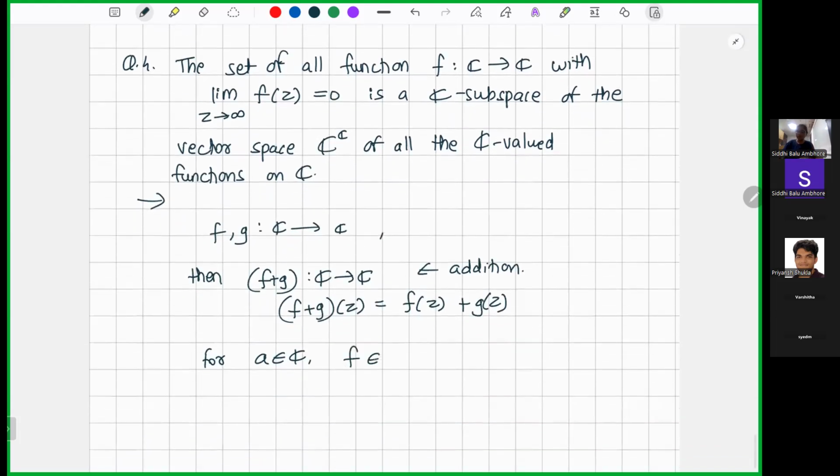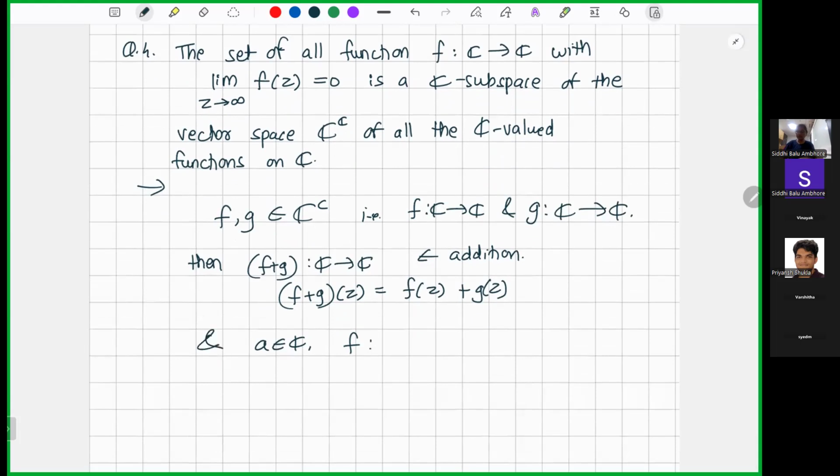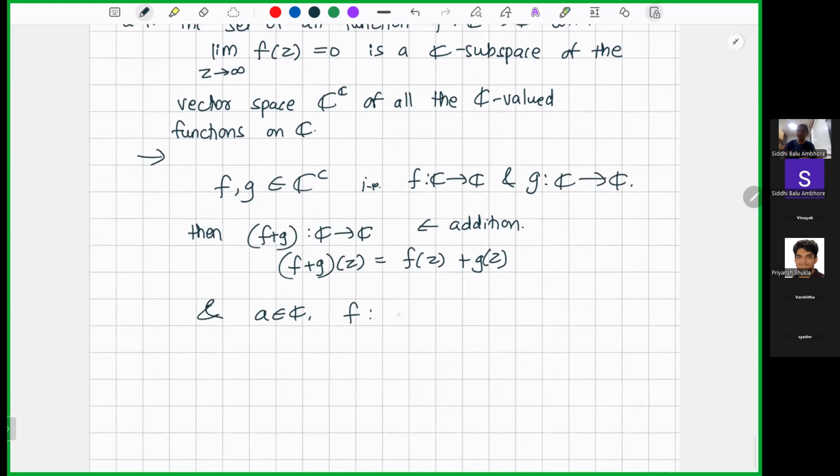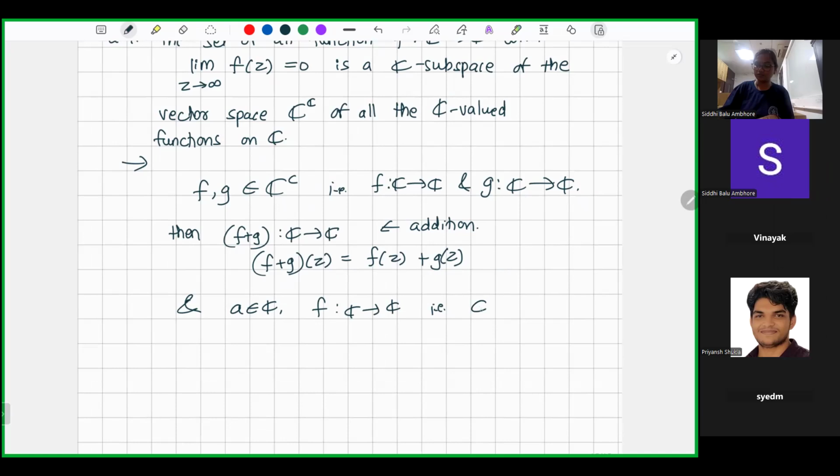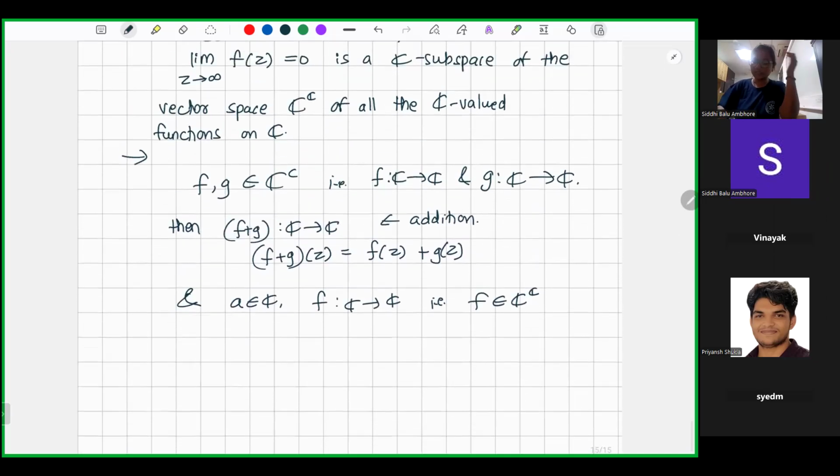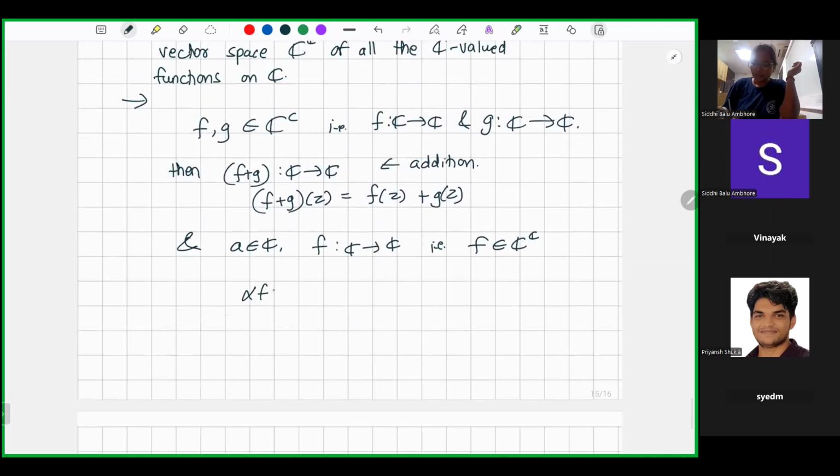If I take f and g in C^C, that is, f is a function from C to C and g is a function from C to C, and if I take a complex number alpha and f is a C-valued function on C, then alpha f is a new function defined like this.